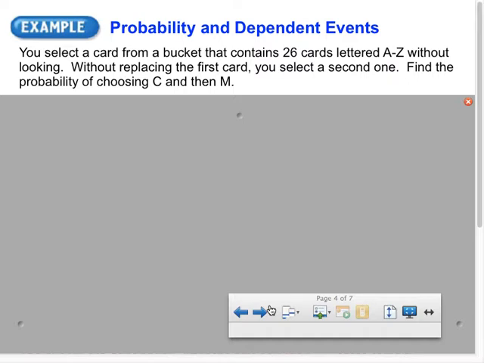Okay, so I'm going to just walk you through it. First, you need to calculate the probability of the first event. Then we got to take and find the probability of the second event, which is a dependent event. Now, to find the probability of selecting them in that order is the compound event. And how do we find that probability? What are we doing with those two fractions? Very good. We're going to multiply.